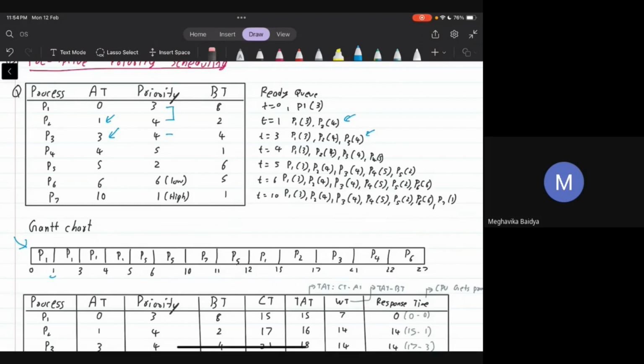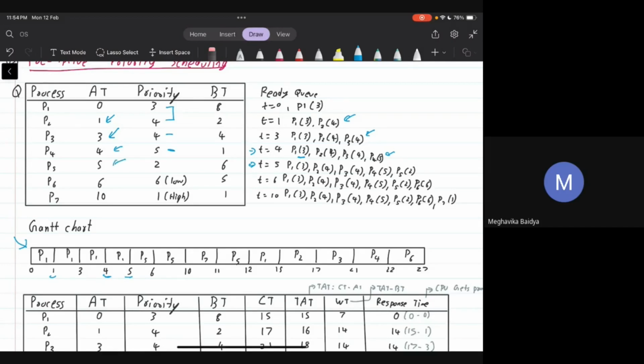But since the priority of P1 is 3, which is higher than 4, you will still continue to execute P1. Now at t equals to 4, P4 comes. P4 has the priority 5, so you will write it here. Again, P1 has the highest priority so far, so you continue executing and come to t equals to 5.